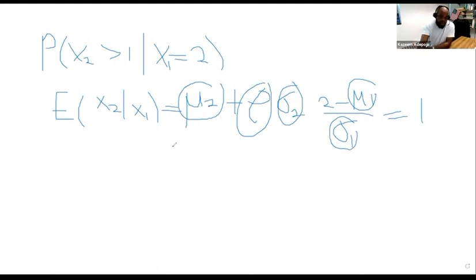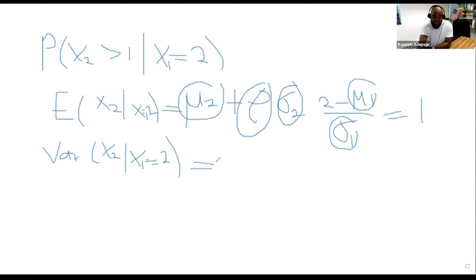Now the next thing is, what is the variance associated with what I just did? But don't forget, here it's when x1 equals 2, that's what I'm doing.